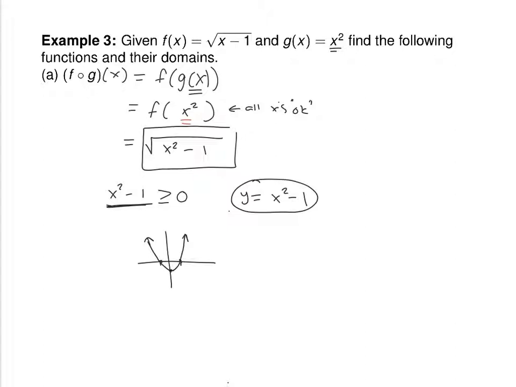So on that picture, where are all of the positive numbers? Before -1 and after 1, exactly. And also including -1 and positive 1, right? So the domain for this guy is minus infinity to -1 and 1 to infinity.